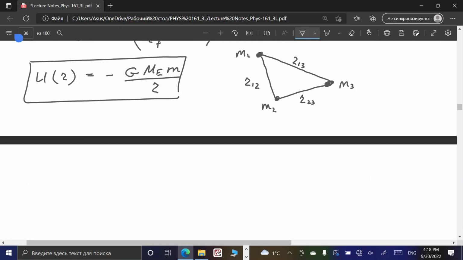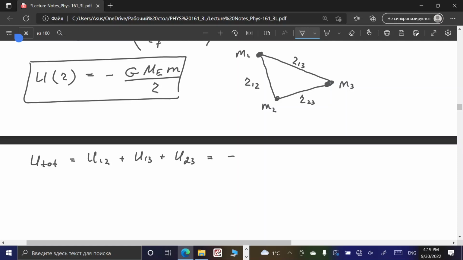So now, if we want to determine the total potential energy of such a system in the scope of gravitational interaction, the total potential energy will be equal to U12 plus U13 plus U23.